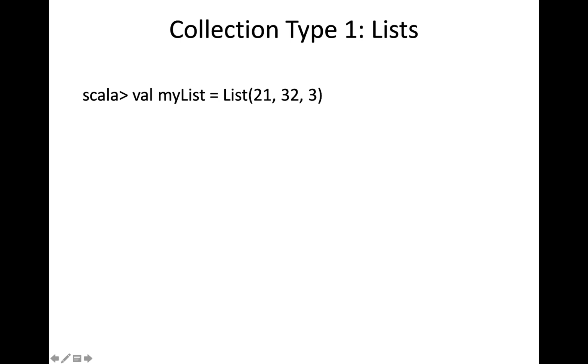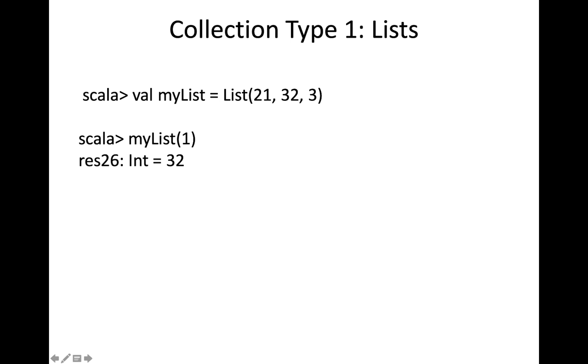We understand val is immutable, and that variable refers to or points to a list with 3 items, correct? And then if you want to access the second item of the list, you can say my list index 1. So index of list starts with 0, so the second item is at index 1.